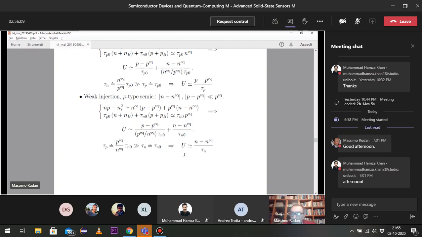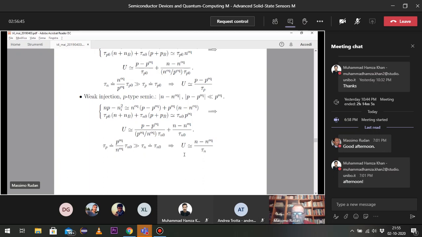This result is extremely important for two reasons. One reason is that U becomes linear, okay? Either with respect to N or to P, okay? So it is a linearization of U. The second very important conclusion is that U depends only on one type of carriers, okay? Because of this, it becomes possible, we shall see many examples of it, okay?